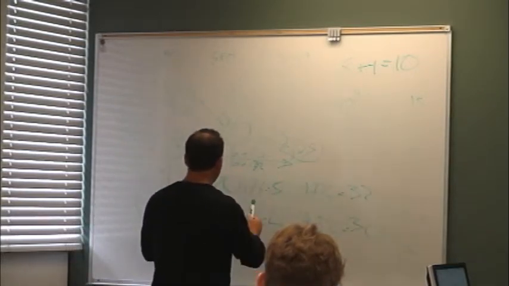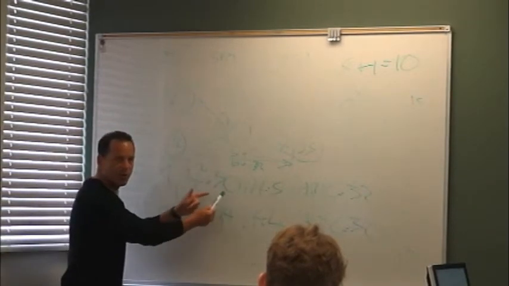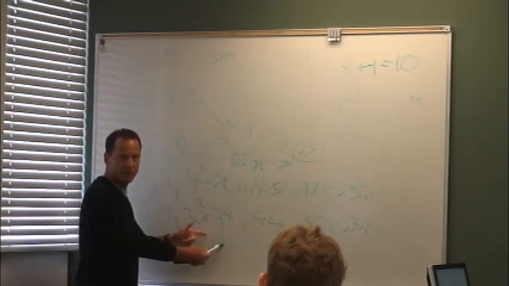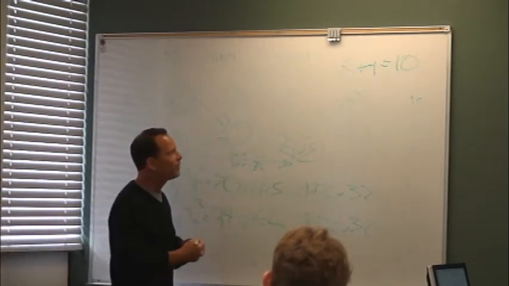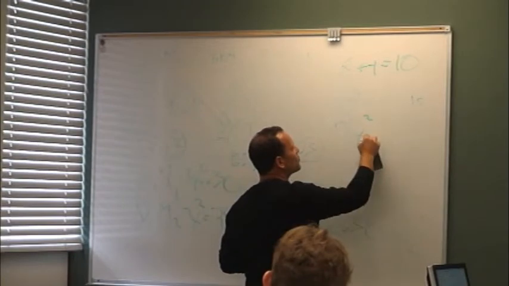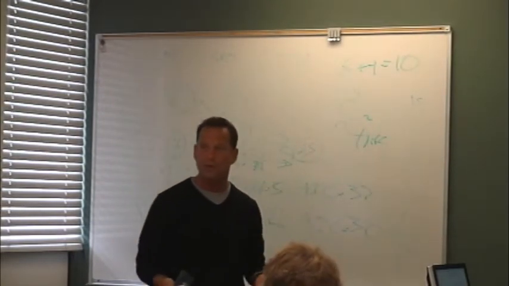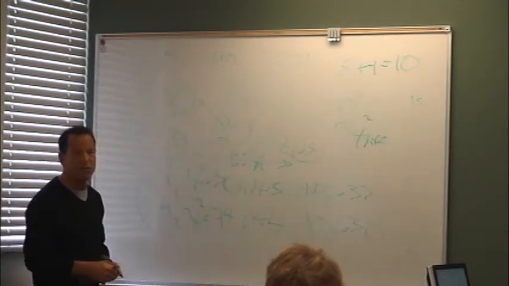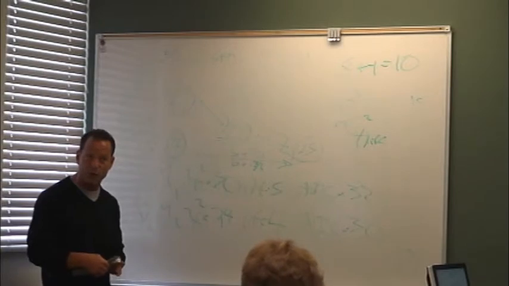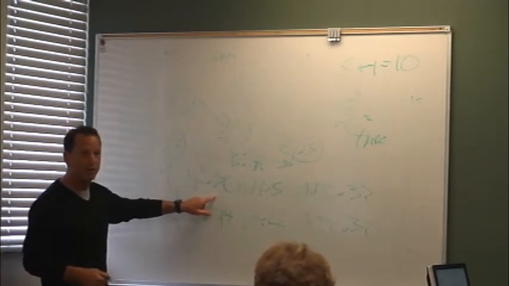So what's really cool about nested models, everybody, is I can take the difference in the chi-squares. 30 minus 24 is 6. The degrees of freedom is 1. I can go to a chi-square table and do what's called a chi-square difference test. It's just the difference in the chi-squares, given the difference in degrees of freedom. And if it's significant, and I already know the critical value is 3.84 for 1 degree of freedom, is 6 bigger than 3.84?